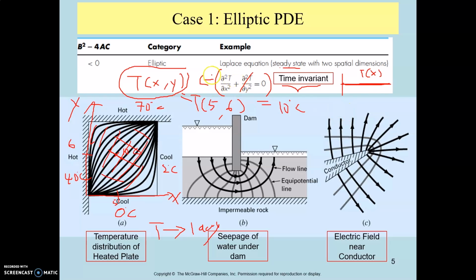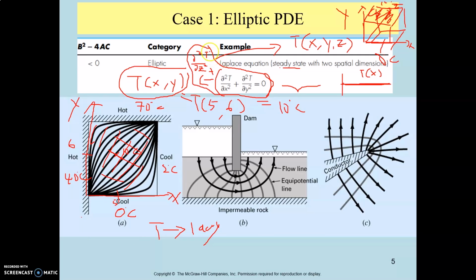Of course you can add another term, which is a z direction. In this case we are dealing with 3 dimensions. So you are going to find the temperature distribution in x, y and z direction.